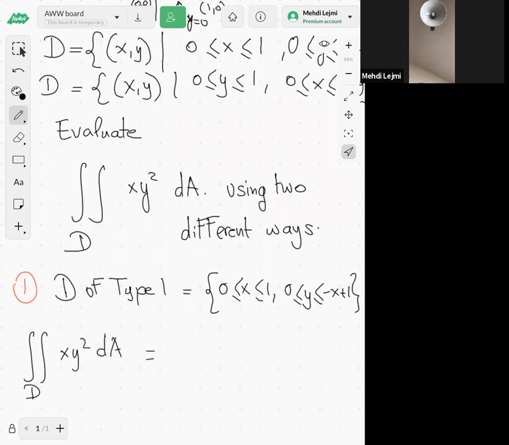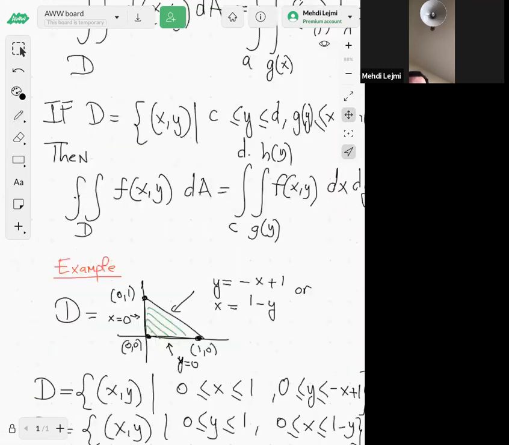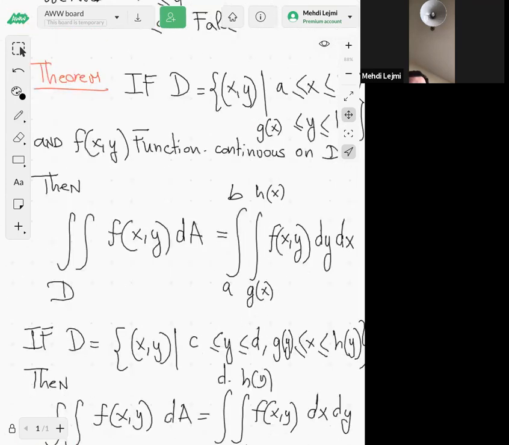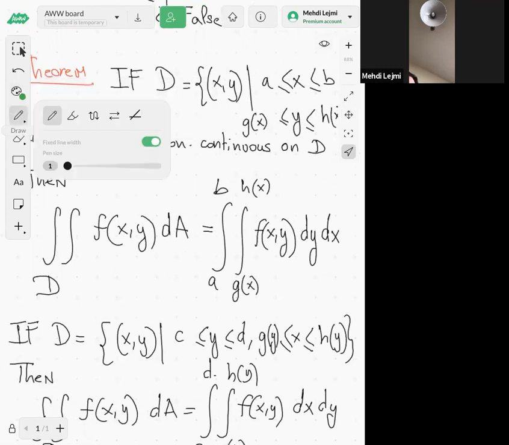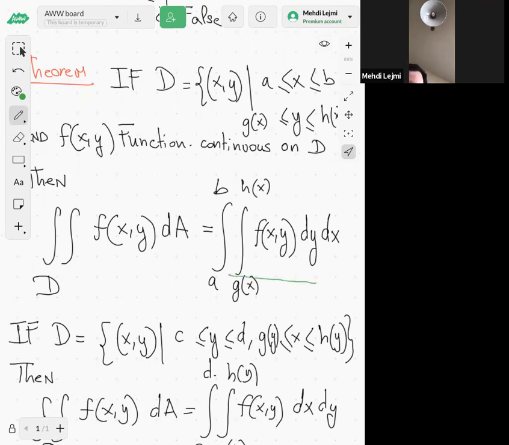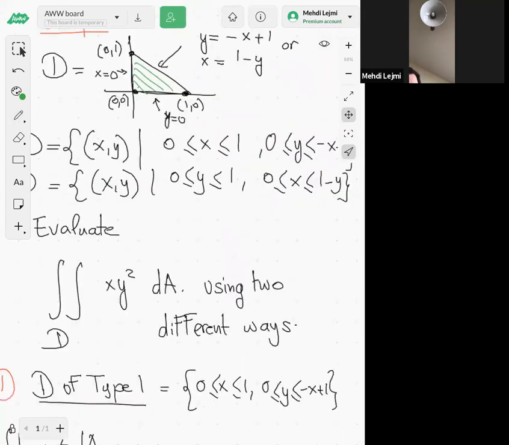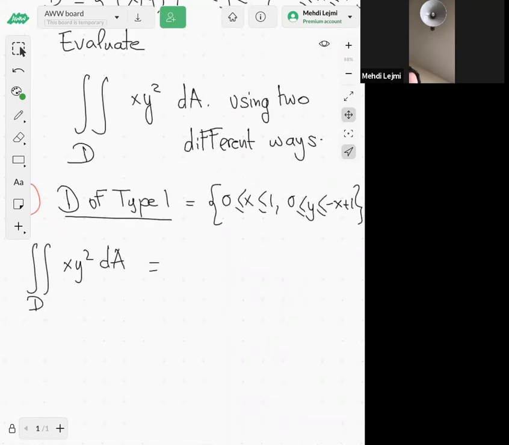In this case, if D is of type 1, our theorem says that first you need to integrate with respect to y. So it's dy first and then dx.